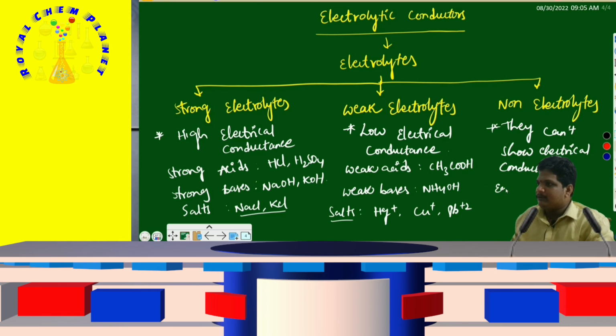For example, starch or glucose. These substances do not show any electrical conductance because they cannot undergo any decomposition in aqueous media or in solution state. In this way, electrolytes are classified into strong electrolytes, weak electrolytes and non-electrolytes. So this is about what conductors are and what the types of conductors are.